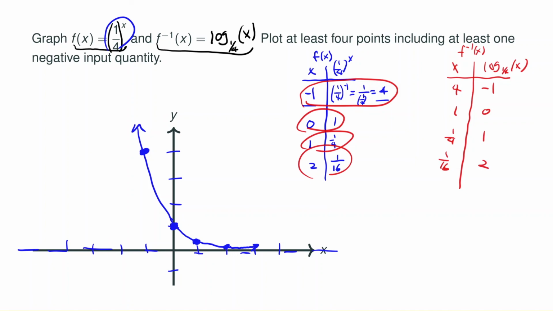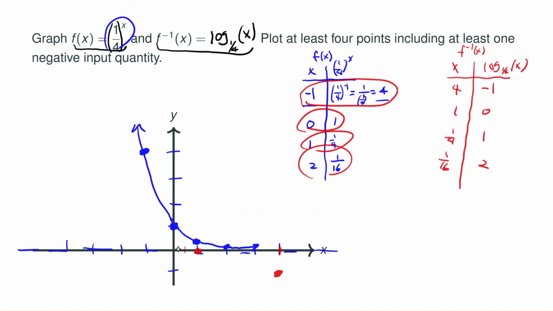Okay. So let's plot this graph. When x is 4, y is negative 1. So right here. When x is 1, y is 0. So this one stays here. When x is 1 over 4, very small bit, it's halfway, 1 over 4 here.